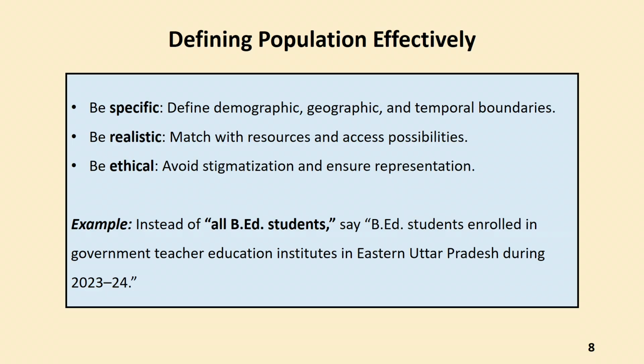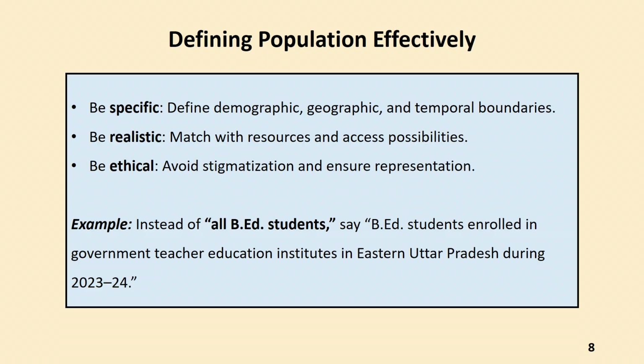Last is be ethical, avoid stigmatization and ensure representation. That is very important. I have just mentioned also that in various kinds of research approaches and research designs, a researcher has to look into the various aspects of population, sample and data collection, because this is the phase where you actually interact with the subject, with the problem that you have identified.